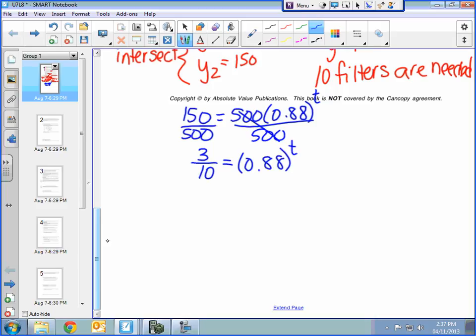You change to logarithmic form because as soon as this exponent is a variable, as soon as you change to logarithmic form, that variable will be what you're solving for. So I can change this to log. What's my base? Base is always the same. Your base here is 0.88. Your value up here is your new argument equals t.